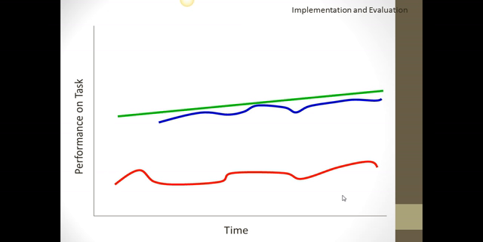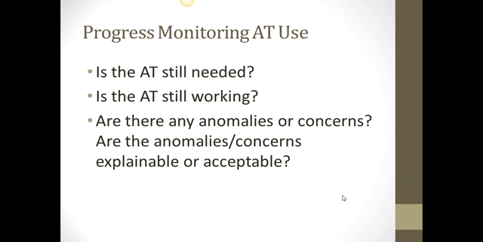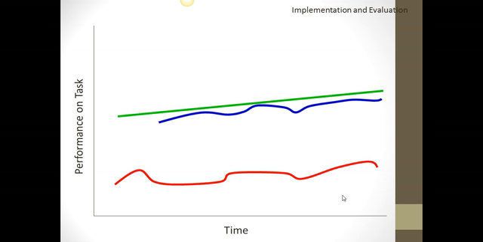The student is still approximating the expected performance level with the assistive technology, so it is still working. Are there any anomalies or concerns? Are the anomalies, concerns explainable or acceptable? Is there anything weird about this data? The student uses assistive technology and approximates that expected performance level, doesn't use it, doesn't approximate, there's still a gap. This is a fairly clean case.